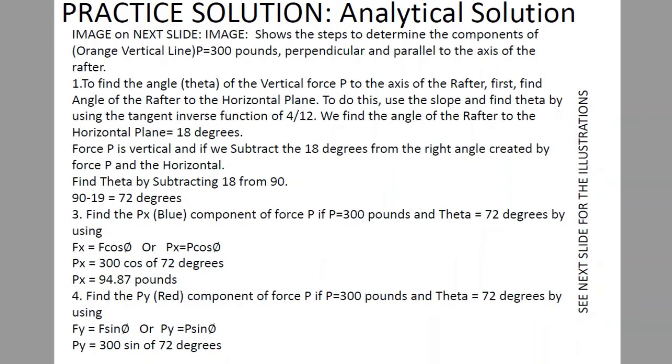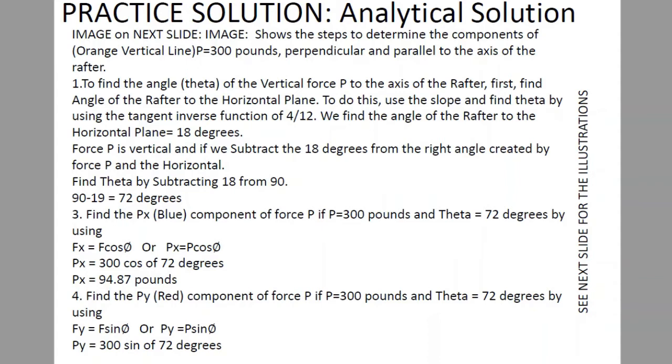Let's take a look at the analytical solution. The image on the next slide shows the steps to determine the components of the orange vertical line, force P, which equals 300 pounds, perpendicular and parallel to the axis of the rafter. To find the angle theta of the vertical force P to the axis of the rafter, first find the angle of the rafter to the horizontal plane.